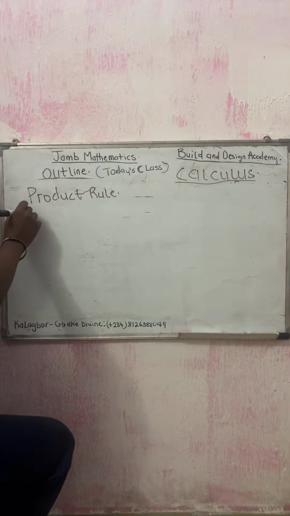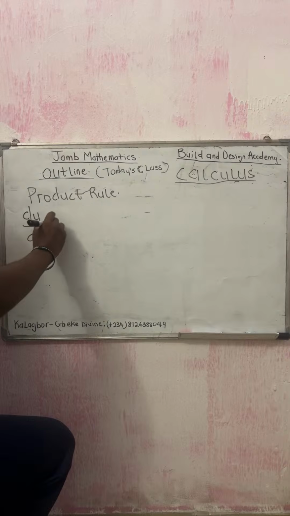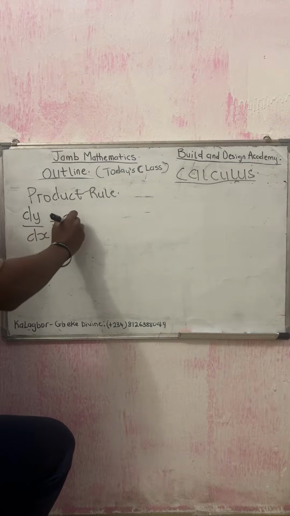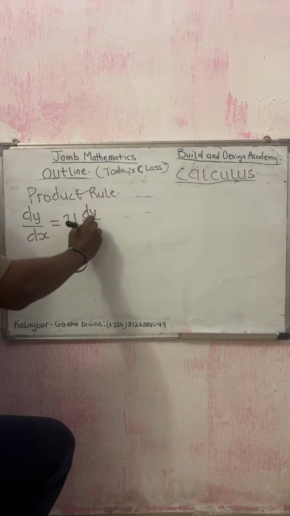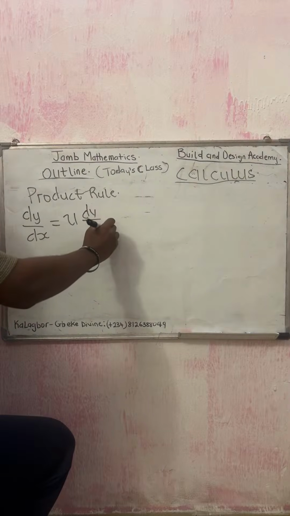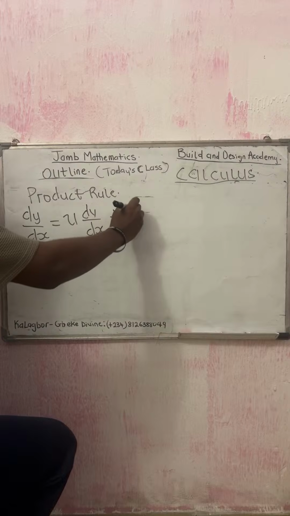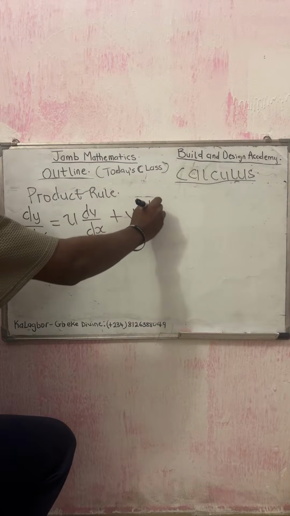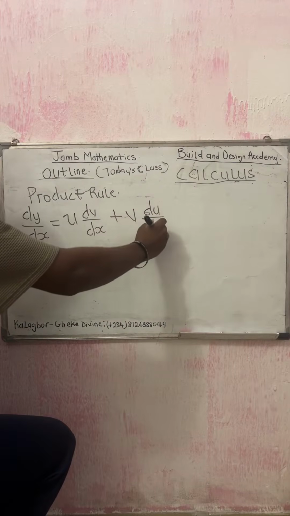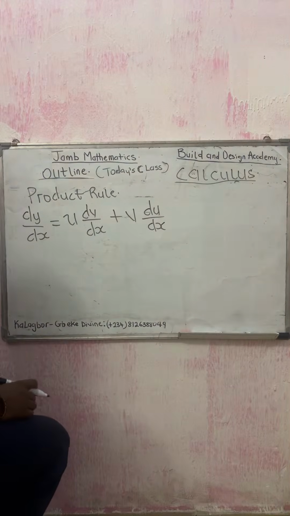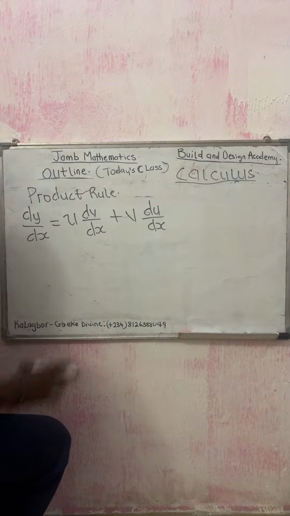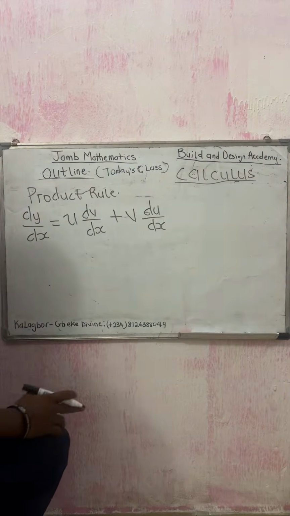the formula for dy over dx is equal to u dv over dx plus v du over dx. That's the product rule formula. This u and this v, they are big, but I'm writing them because of space.